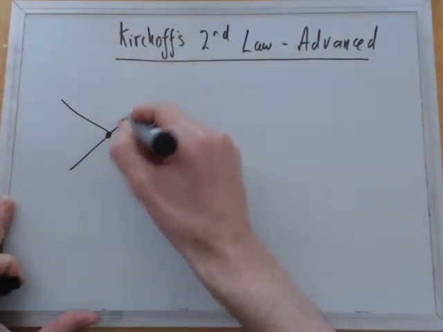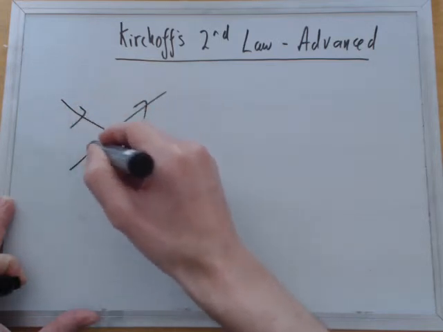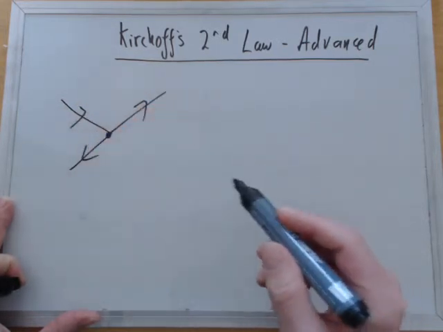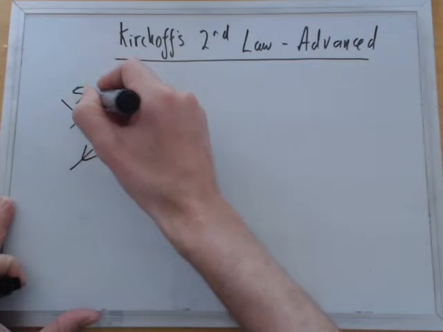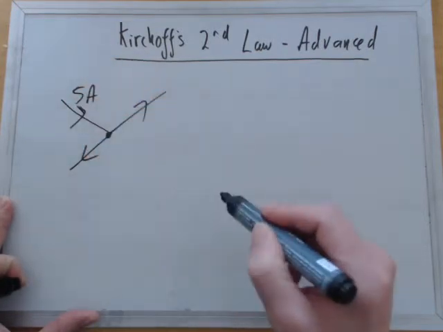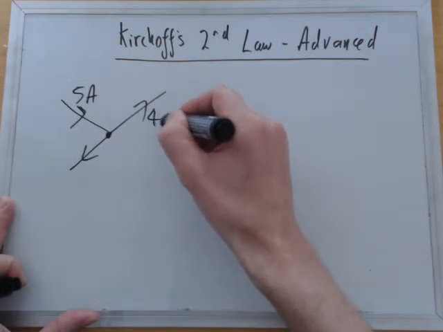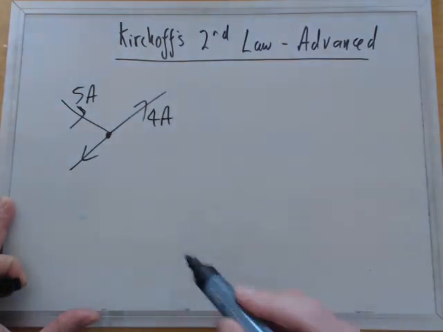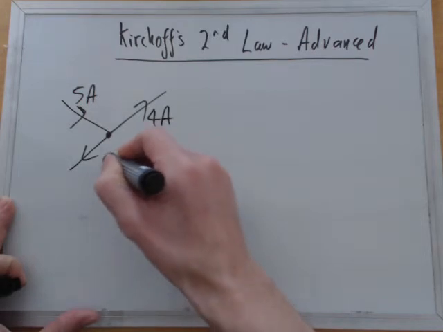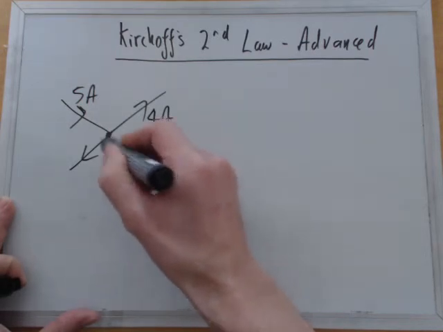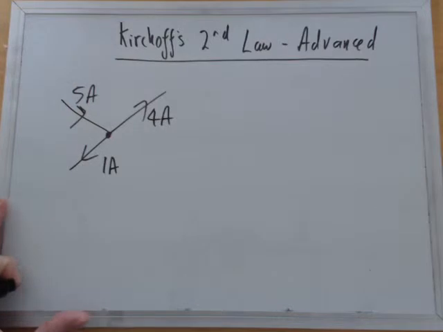If this is a junction and we have some currents here, if that was 5 amps going into the junction and this was 4 amps leaving that way, then of course, conservation of current, conservation of charge as such, is that this must be 1 amp. So the total current entering the junction must be equal to the total current leaving the junction, and they could be negative currents as well.